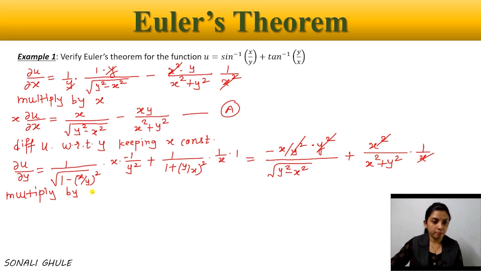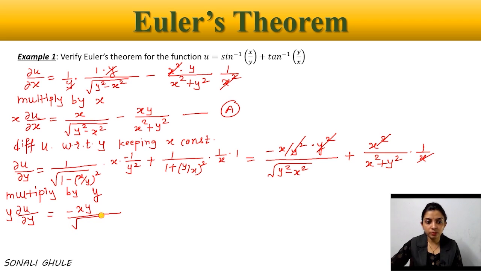So what will I get? y into dou u by dou y is equal to, if I multiply by y, minus x into y upon under root y square minus x square, plus x into y upon x square plus y square.